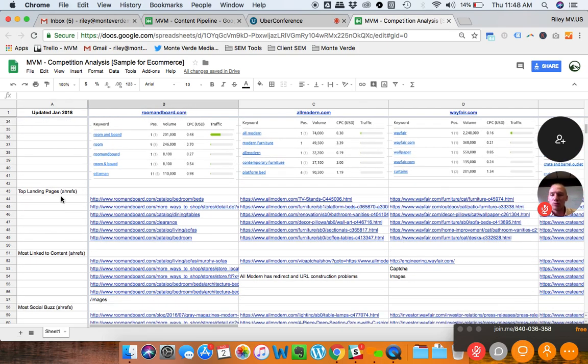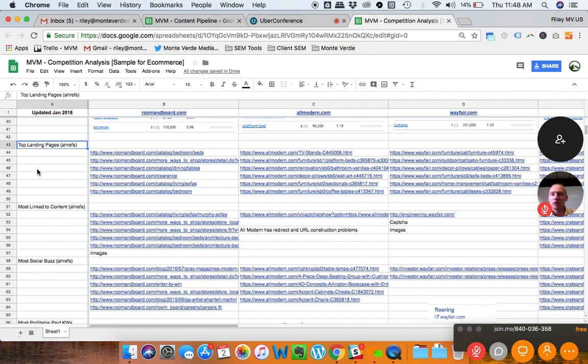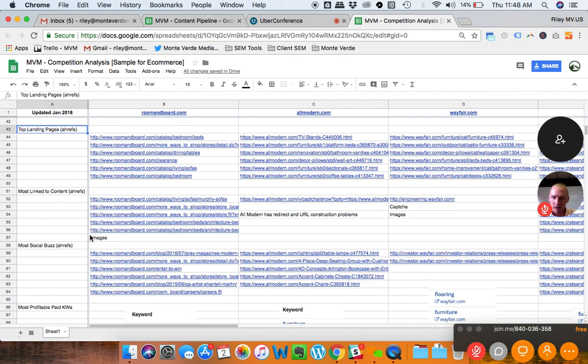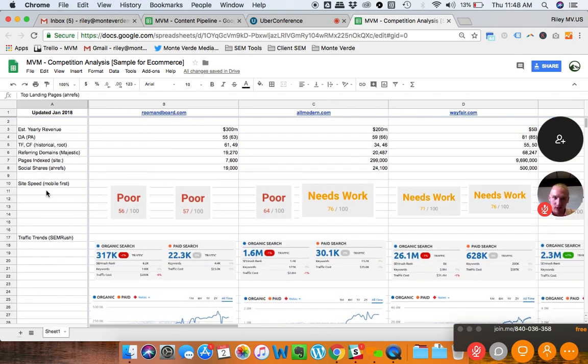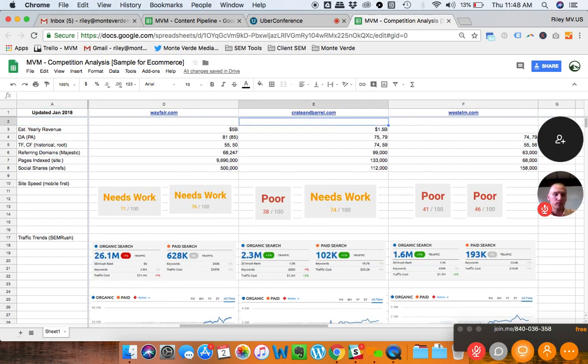And then the other things would be these sections here, top landing pages and most linked, most shared content. To me, those are the most valuable things in the analysis, but obviously everything's important, and it all goes into the bigger picture of formulating a long-term strategy for search.